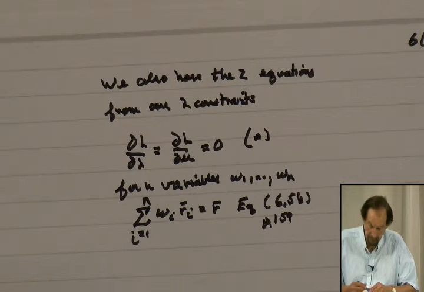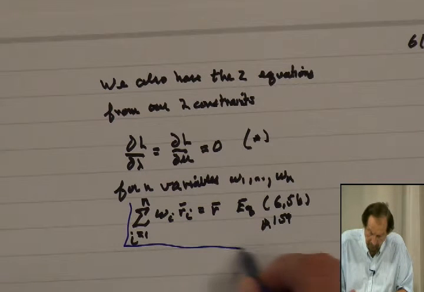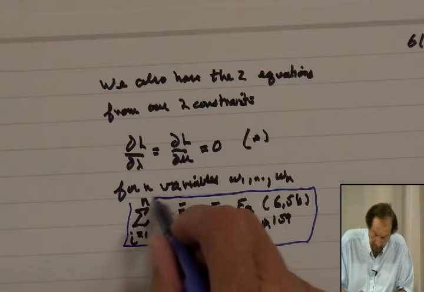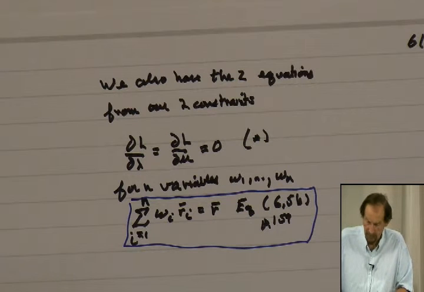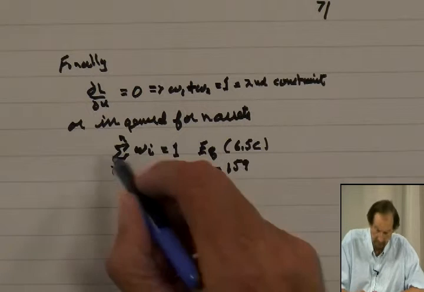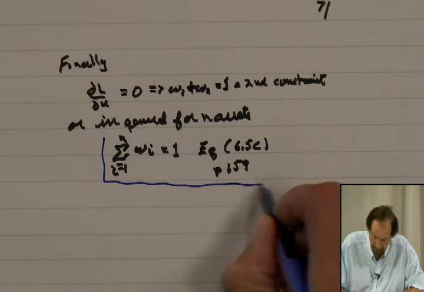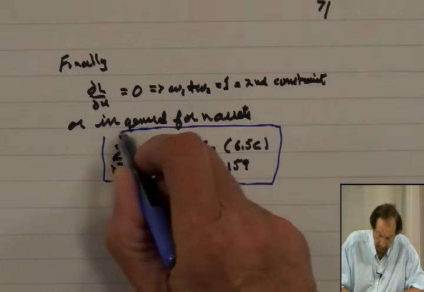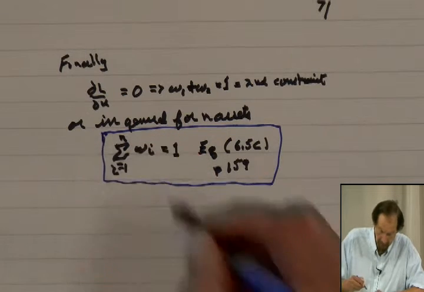We should have put this in blue, highlighted that. Let's highlight this. So what do we have?